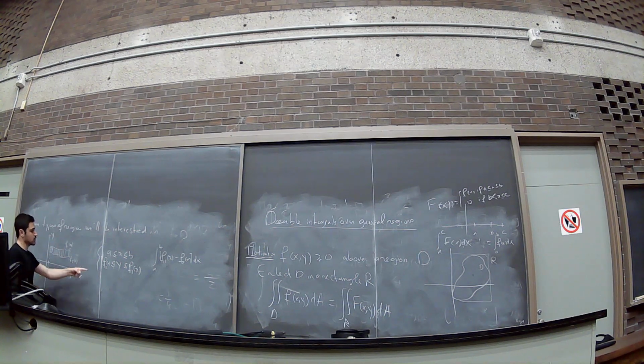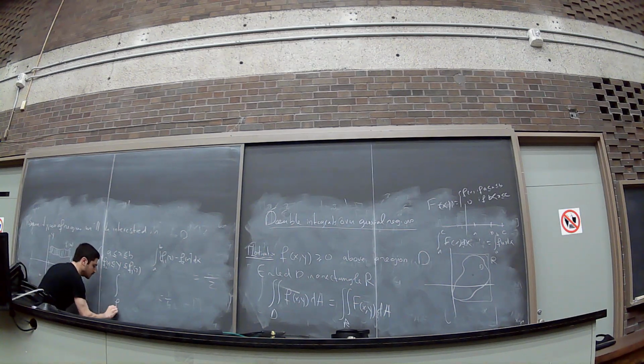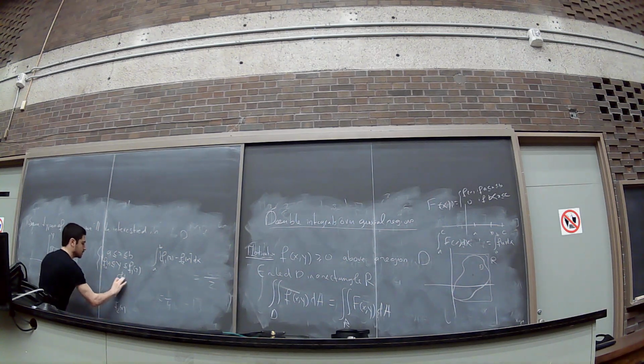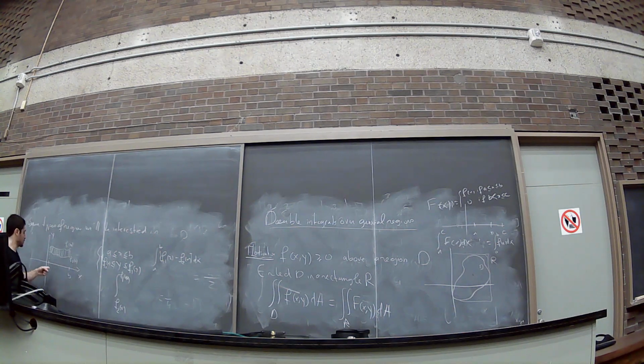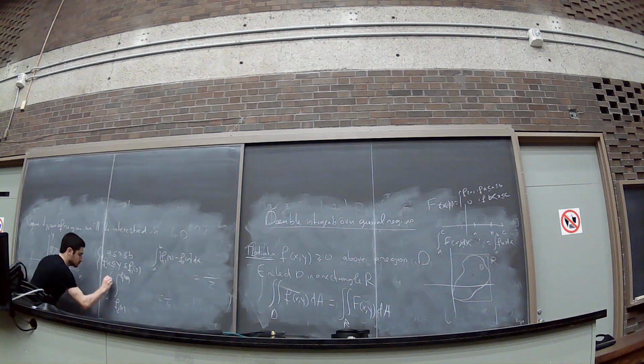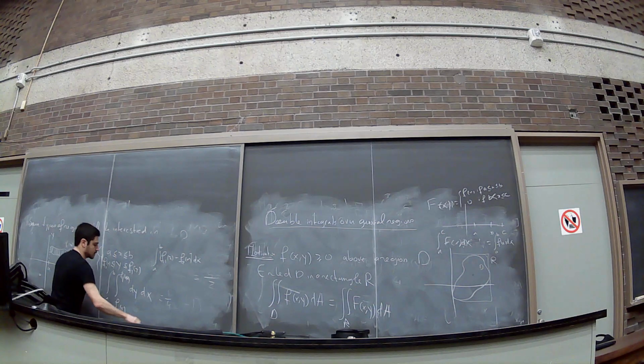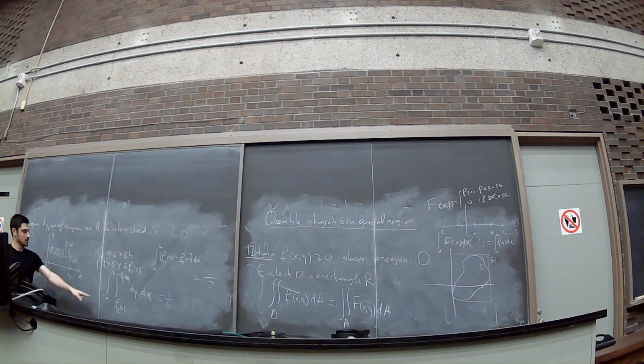So what is this region? How can you characterize this region? Y goes from f2 of x to f1 of x, and x goes from a to b. You agree or not? You start with y and x. Integrate this.